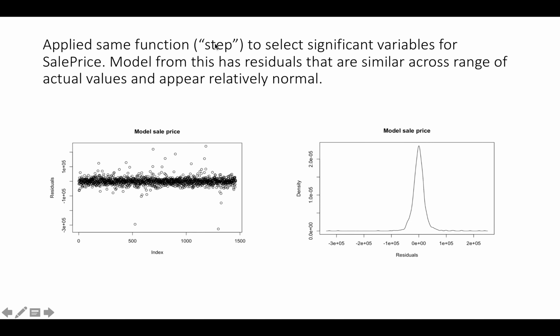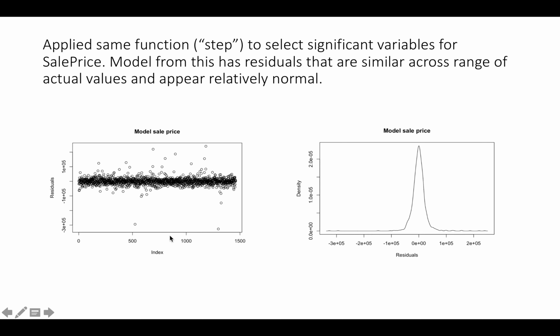Then I applied the same step function to do backward selection, to start from the beginning and then get down to only significant variables for sale price. And then made some residual plots, modeling sale price as a function of some of the other variables.